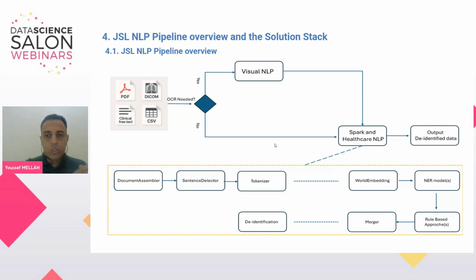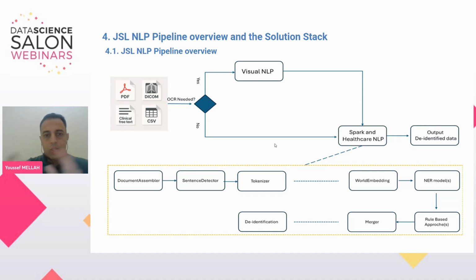After that, we can merge all together in the same pipeline, then feed the output into the de-identification annotator responsible for the de-identification after detecting the PHIs. So we can configure the de-identification component in order to identify the PHIs according to the business rules.